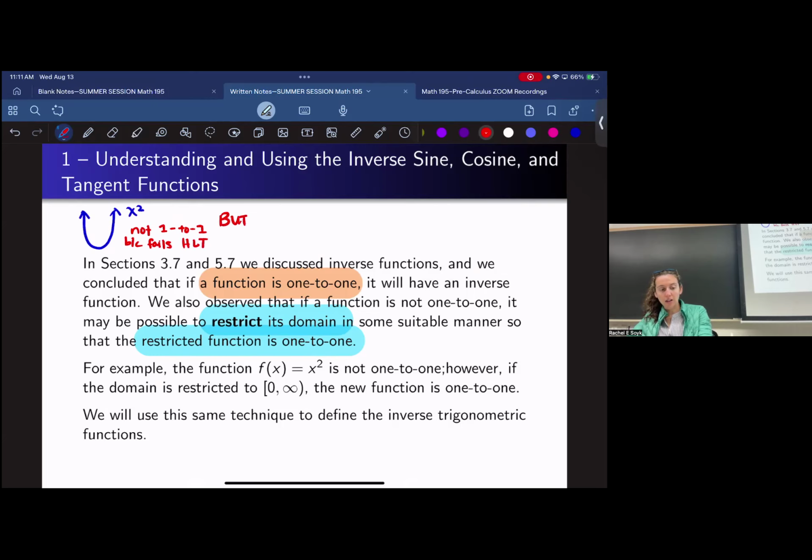But if we restrict our domain to 0 up to infinity, now we're looking at part of this parabola, and now is this a one-to-one function? Yeah, so now it's one-to-one, which means we can find our inverse.